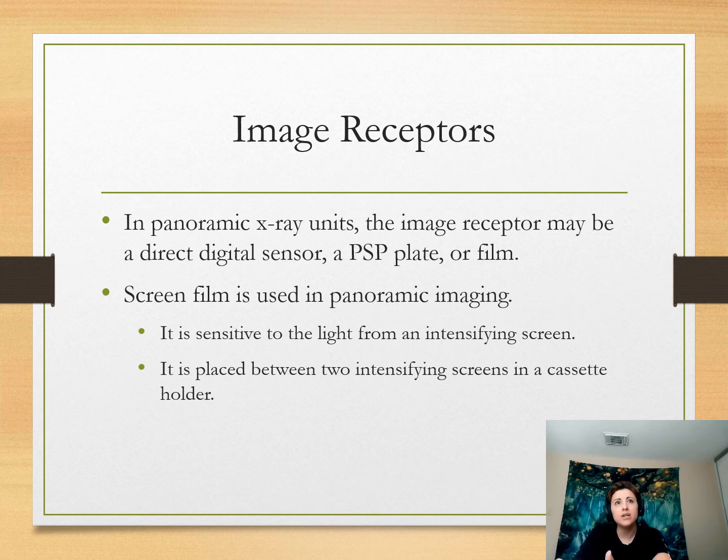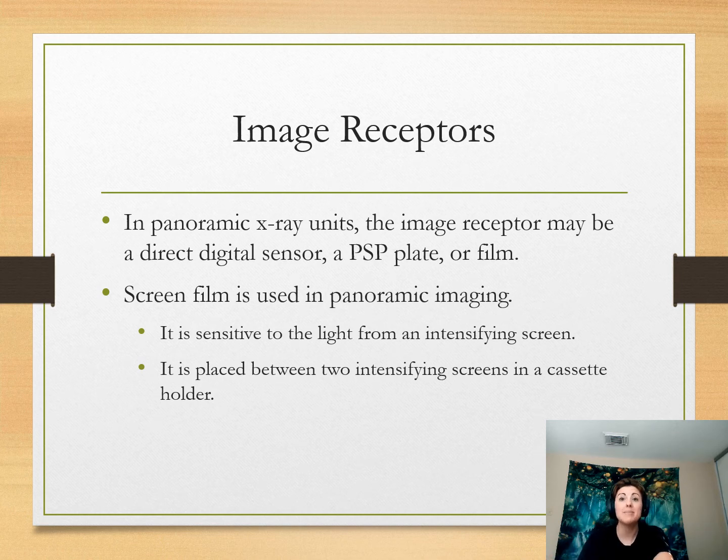It's also going to be really important that your cassette or your receptor, whatever it is, has a marking with a little R and a little L that will show you the right and left sides of your patient. In intraoral film, we use all of those anatomic landmarks in order to determine which side of the mouth we're looking at.